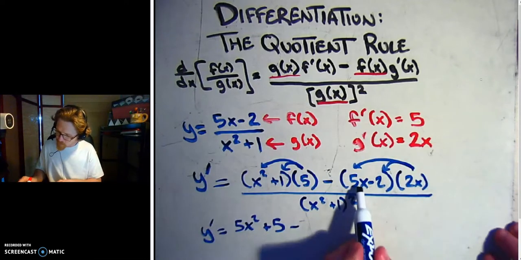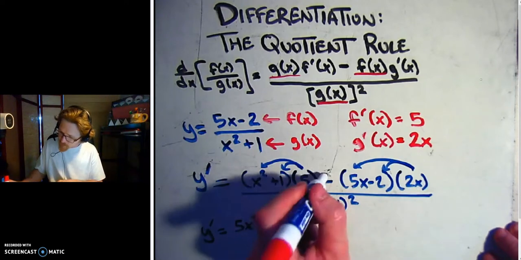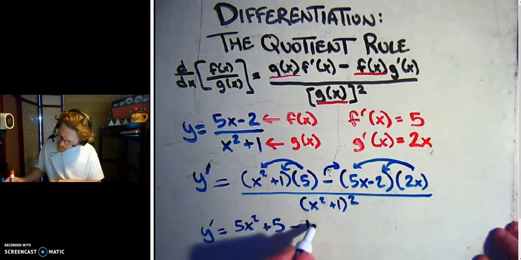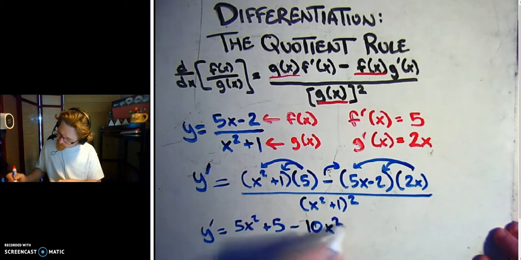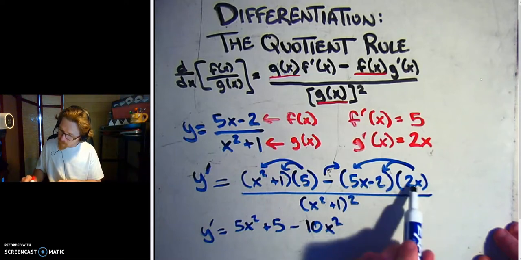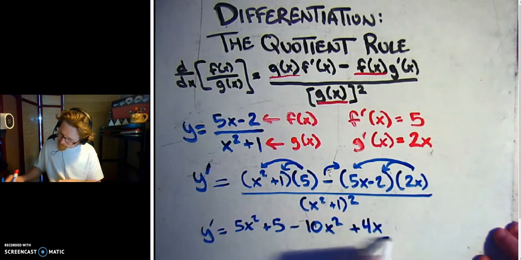This is 10x squared minus 4x. And so this negative is actually going to be distributed as well. So I'm going to have a minus 10x squared. And then I'm going to have this negative 4x and a negative. It becomes a positive 4x.